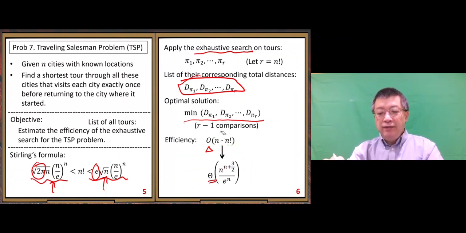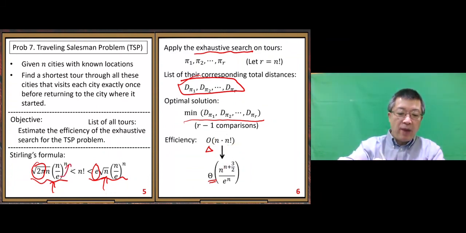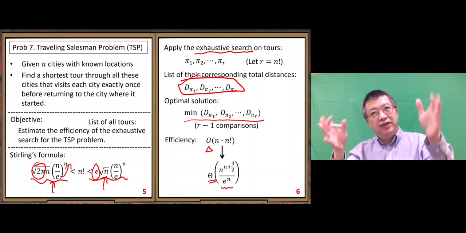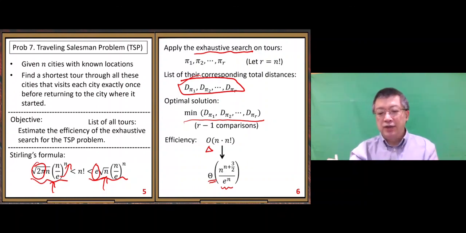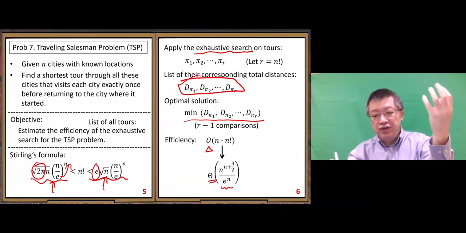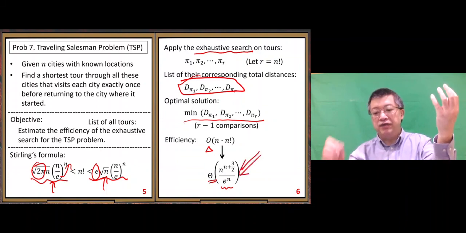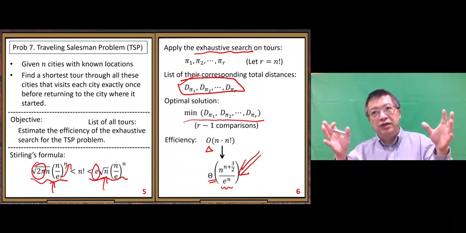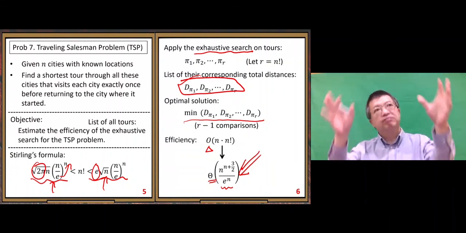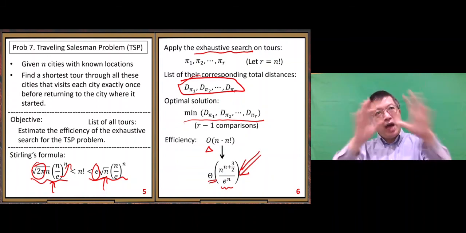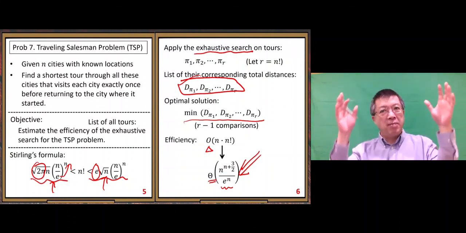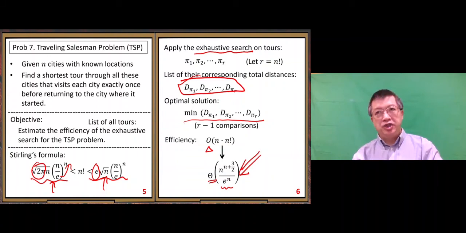But at the bottom, e to the nth power, we need to include it. So that's why the final result, if we use exhaustive search, is this expression. Using our asymptotic notation, we get a nice representation for the efficiency of this algorithm. All right, so we complete part C.3.